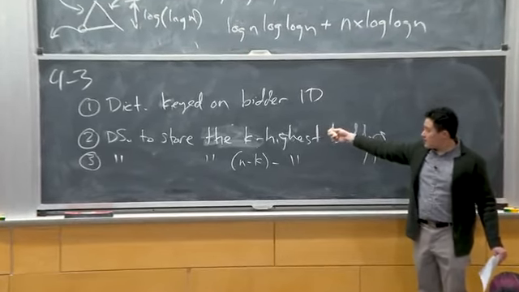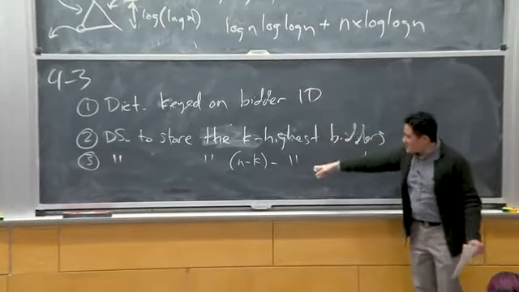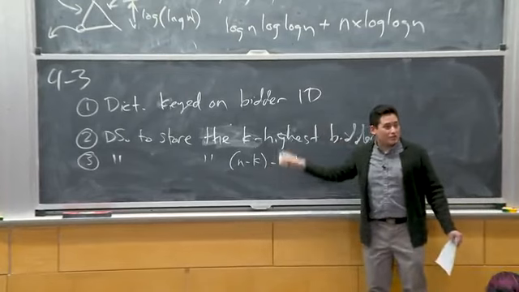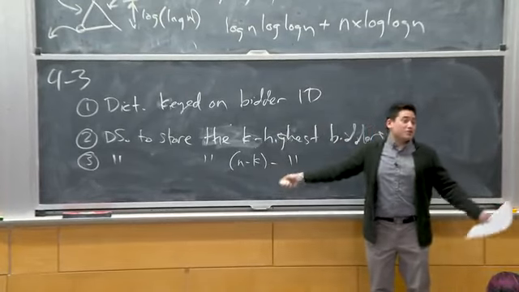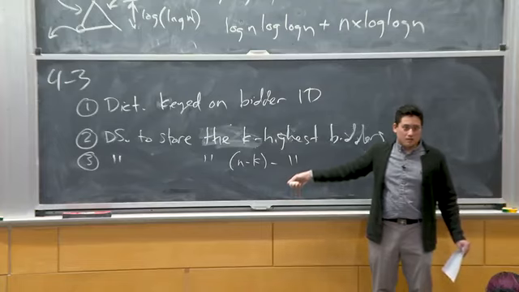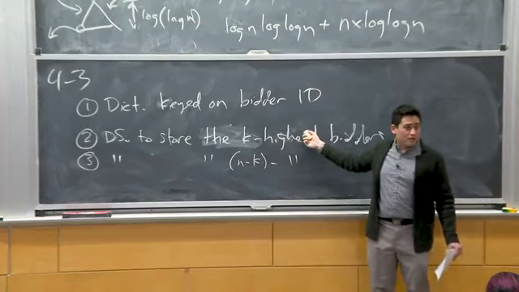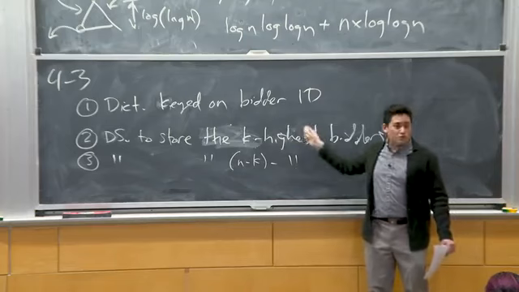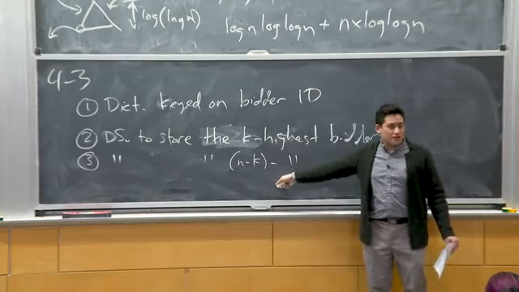But since I removed it, I have to maintain this property, so I stick it in here. There's another case. What's the other case? It's smaller, in which case I don't do anything to this data structure and I just stick it into here. Does that make sense?